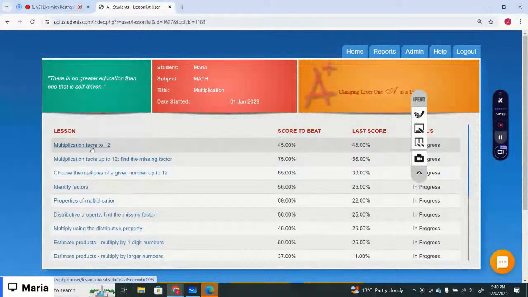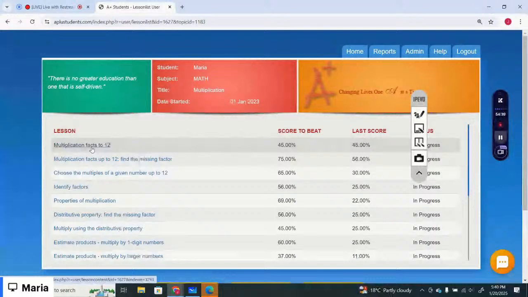Find the missing factor, choose the multiples of a given number up to 12, and identify factors. So please make sure before the next session you complete all the practice questions. That is your homework until the next session.